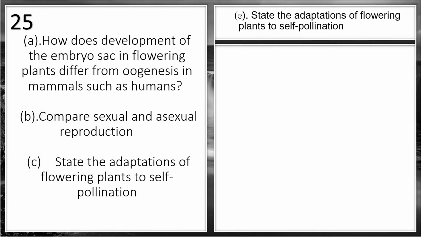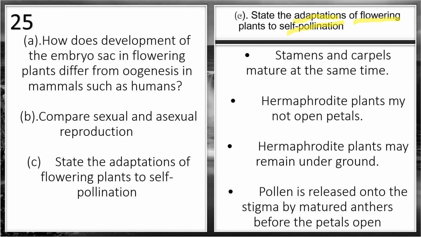Part C. State the adaptations of flowering plants to self-pollination. The stamens and the carpels mature at the same time. Hermaphrodite plants may not open the petals.